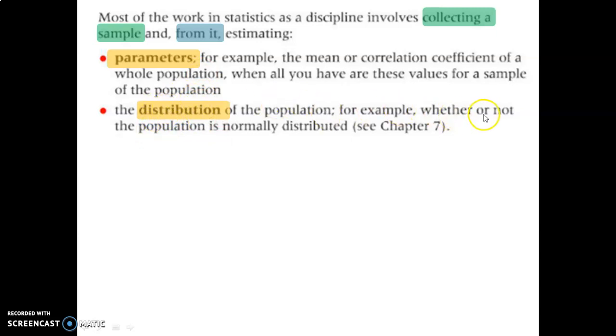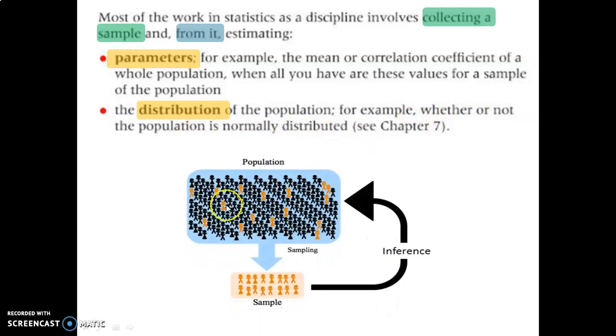For example, is the population normally distributed? That's what we looked at in the last unit. So here's the process. We have a population, we want to know some things about it. We take a sample so that we don't have to work with the entire population, because sometimes that's impossible to do. So we take a sample, now we have a sample, and by doing statistics on the sample, we can then make what's called an inference, basically a conclusion on the population.